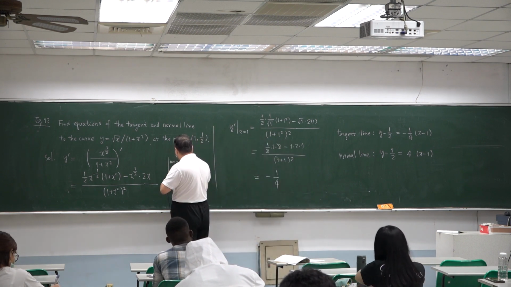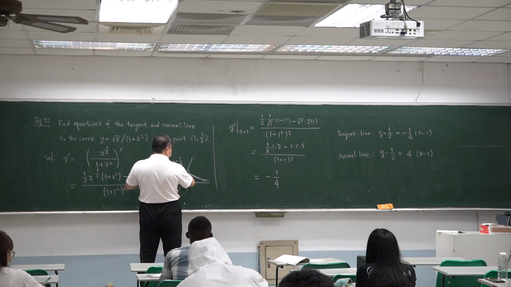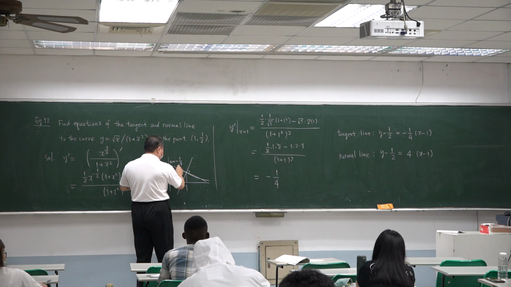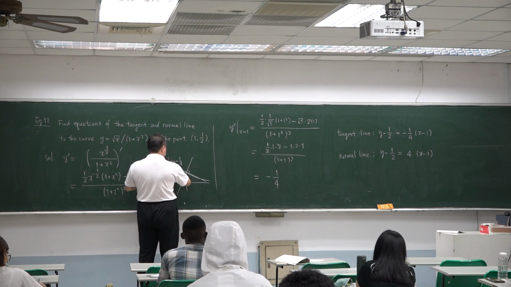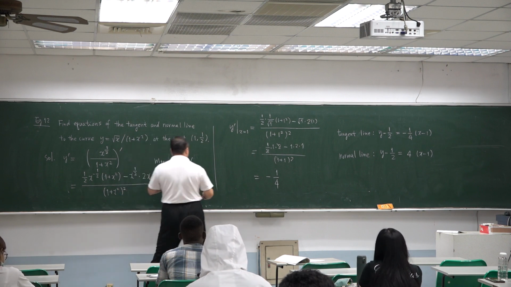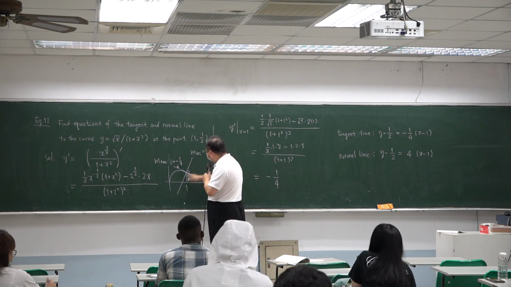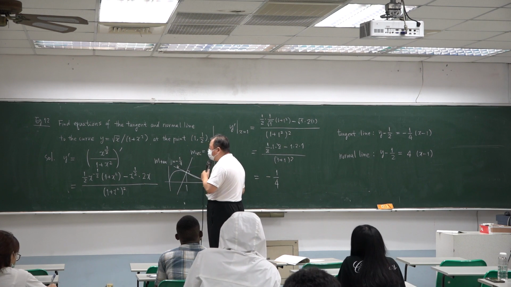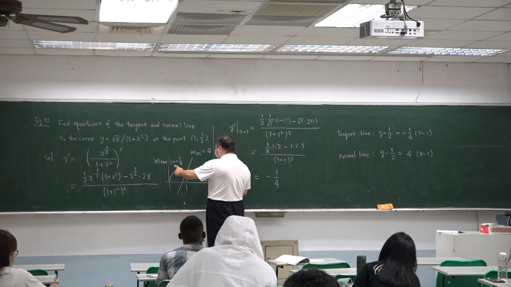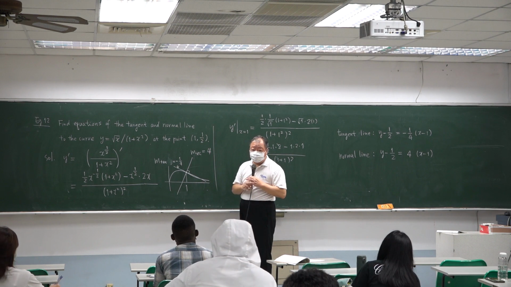It's minus 1/2, not too steep. This is the tangent. If two lines are perpendicular to each other, then the product of their slopes is minus 1. Do you know this before?